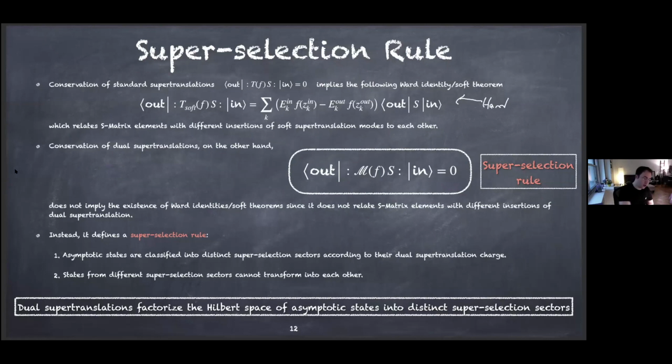But as opposed to the supertranslation case, in this case, it does not imply the existence of any soft theorems or Ward identities, simply because it does not relate S-matrix elements with different insertions of dual supertranslation soft modes. As we can see, the conservation law of dual supertranslations directly implies that their action on S-matrix elements is trivial.